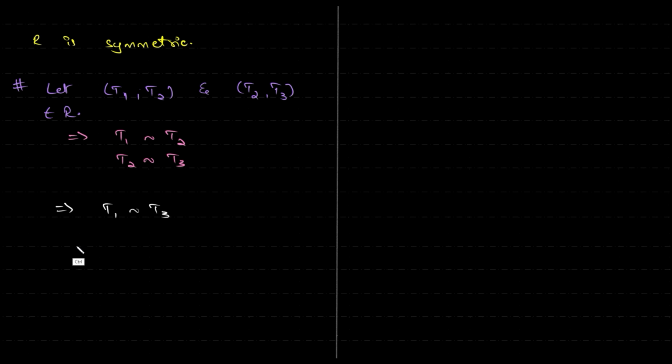And with this what can I tell? (T1, T3) belongs to R, and so from this I can infer that R is transitive. All in all, R is an equivalence relation.